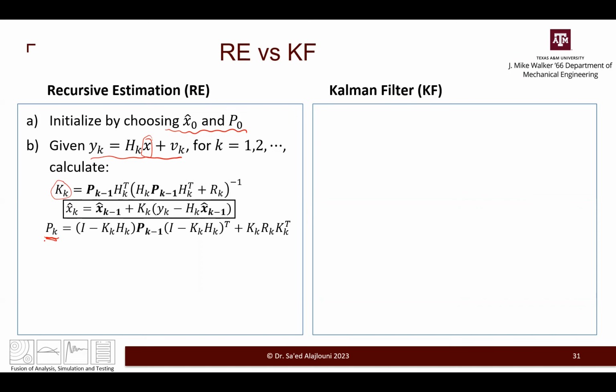So what if we want to use this as a special case? What if we put k here? But still, we know that x is a constant. And if x is a constant and we want to add a state model to this measurement model, what will be that state model?